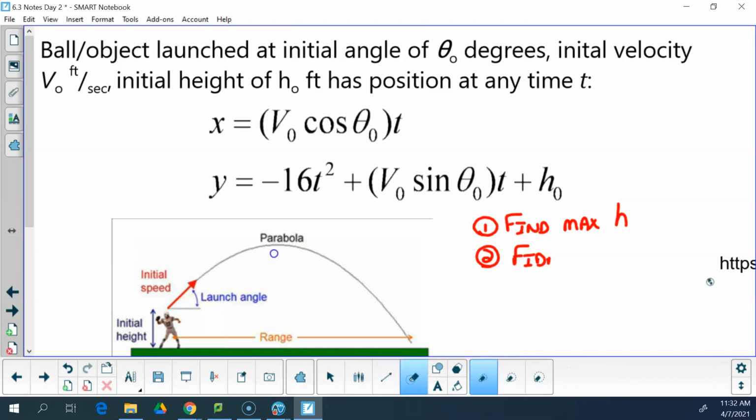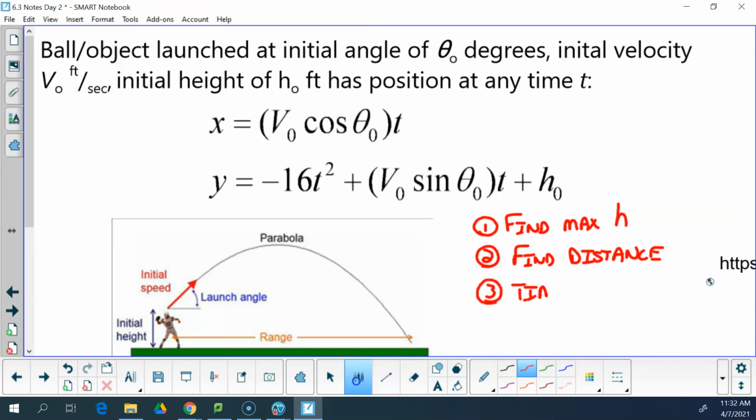We can find the distance, how far away the ball's going to land, or the object's going to land. We can find the time in the air. We can do tons of stuff with it.